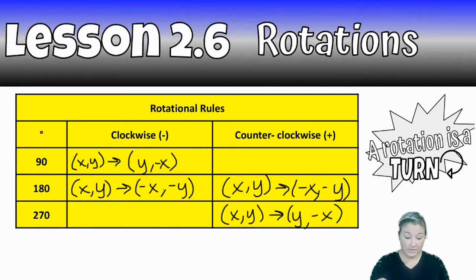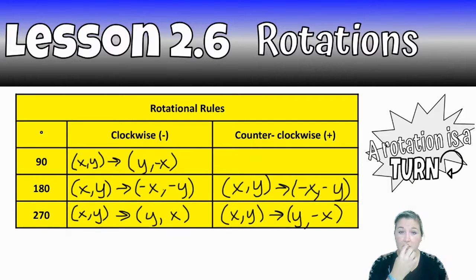The last one is turning to the right, negative 270, so it's clockwise. You switch the x and the y again, and you take the opposite sign of the y. So you flip-flop there. A lot of this is just kind of backwards.